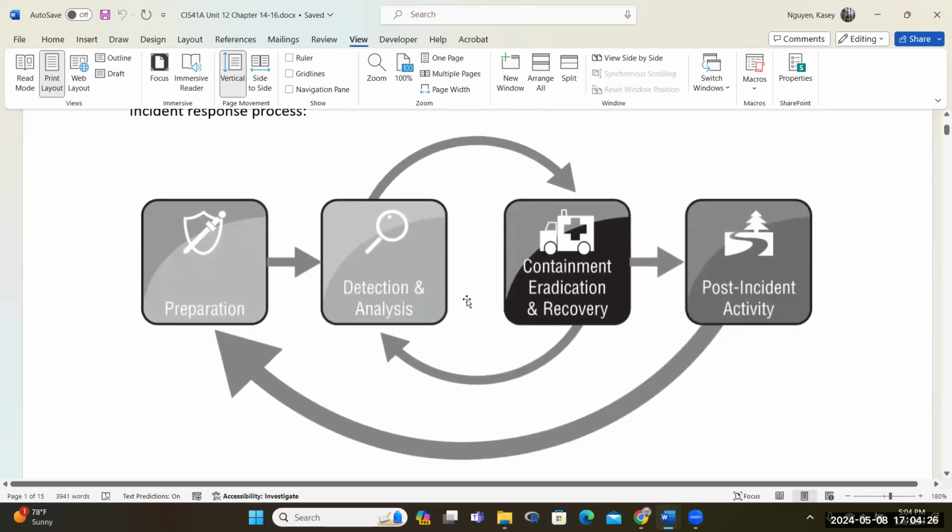So with preparation, detection, and analysis, this is where a lot of our work performance will be, okay? And then we would do some post-incident activities such as reporting and improvement planning and so on. And then we come back here again and the cycle continues, and this is why this profession is highly demanded, because it's always changing and evolving.